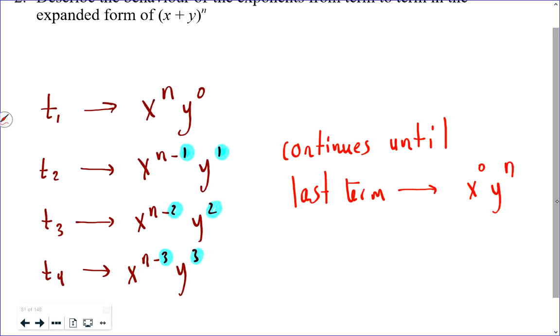And this is just the best way to write this out using mathematical language rather than using English, because English we would say the first term has the exponent of n and it keeps dropping by 1, while at the same time y keeps increasing by 1 from 0 until you're out of x's and all of the numbers are on y. You get the point though, right?